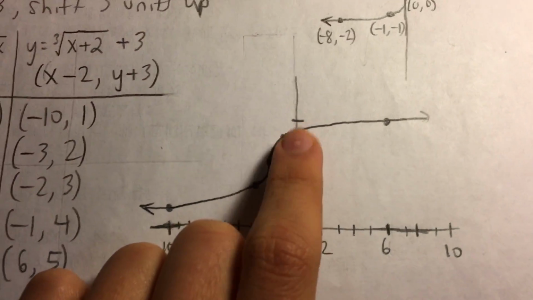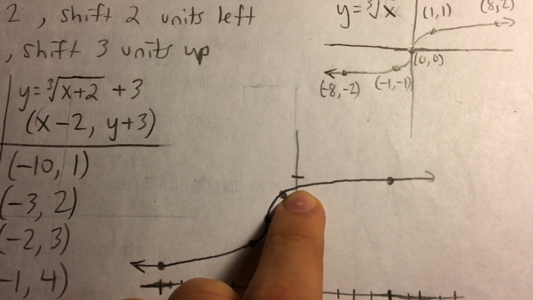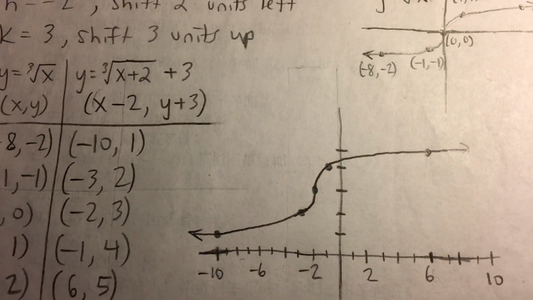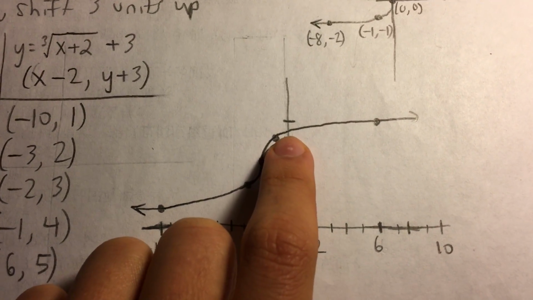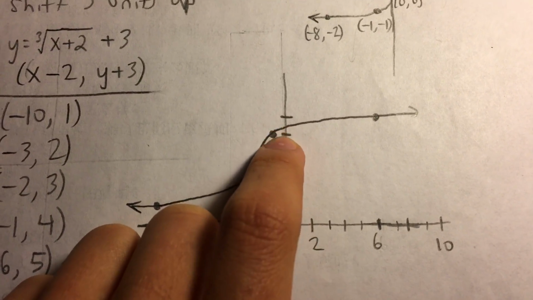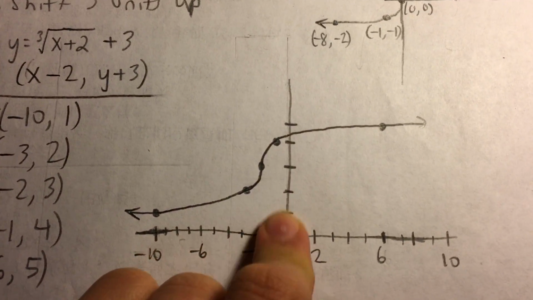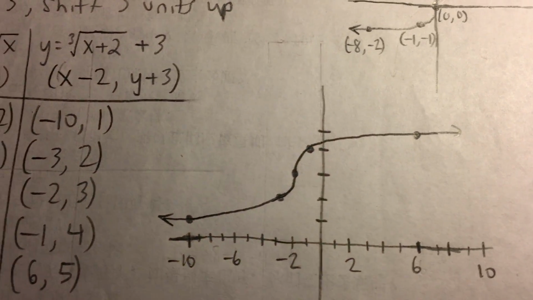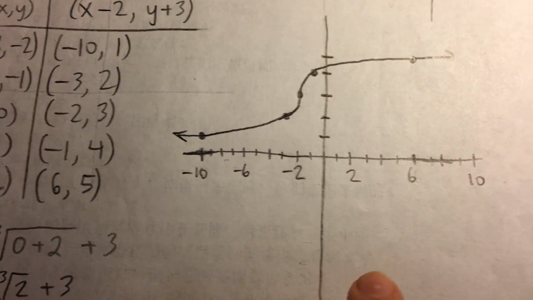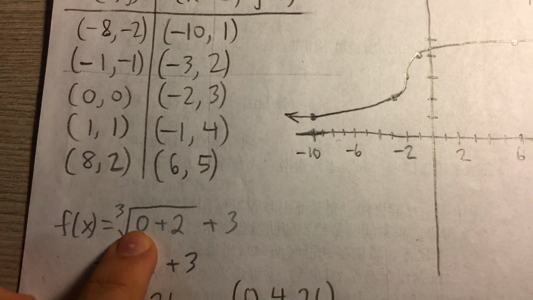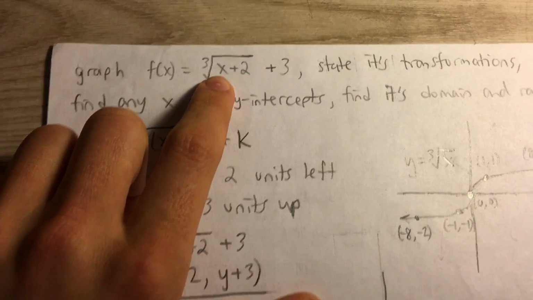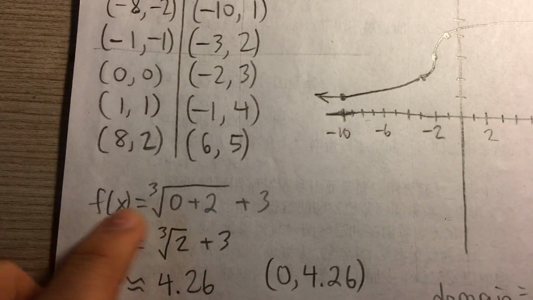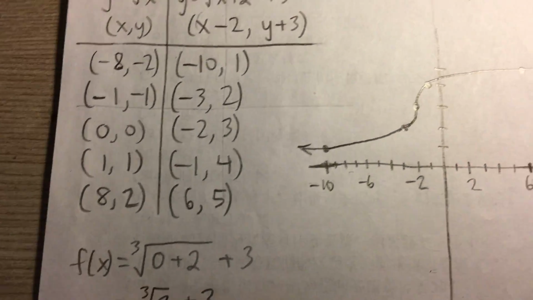And now to find the intercepts, first off, let's find the y-intercept. Where does it intersect the y-axis? You can see it definitely does. You can see it crosses there. But at what specific y-coordinate? We know the x-coordinate is going to be 0 because it's on the y-axis. All I have to do is plug in 0 for x in my equation, and then solve for y, or in this case f of x.